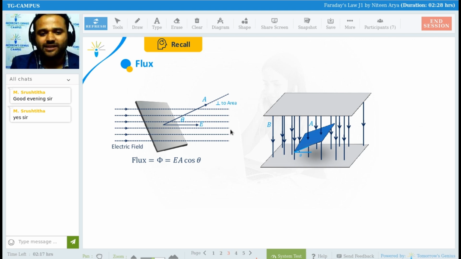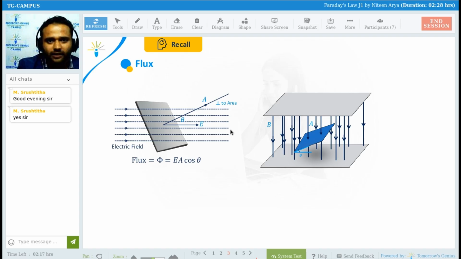Okay, so what is flux? In general, we first understood electric flux, so you guys know about electric flux. On the analogy of that, we are going to understand flux in general.